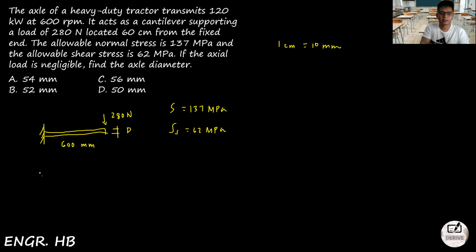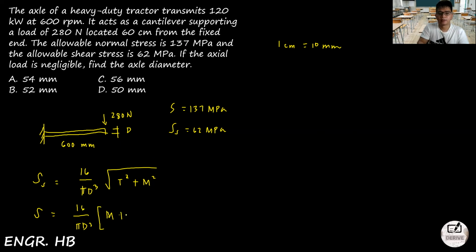So, kapag sa shear stress daw ang basis, meron tayong 16 over pi d cube square root of t squared plus m squared. So, ibig sabihin ng t, your twisting moment, and your m is bending moment. Walang problema sa unit analysis niyan kasi in-square mo naman siya in square root. So, it will be back on its own standard unit. And kapag normal daw ang basis, normal stress, still 16 over pi d cube multiply by m or bending moment plus. Of course, retain your t squared.